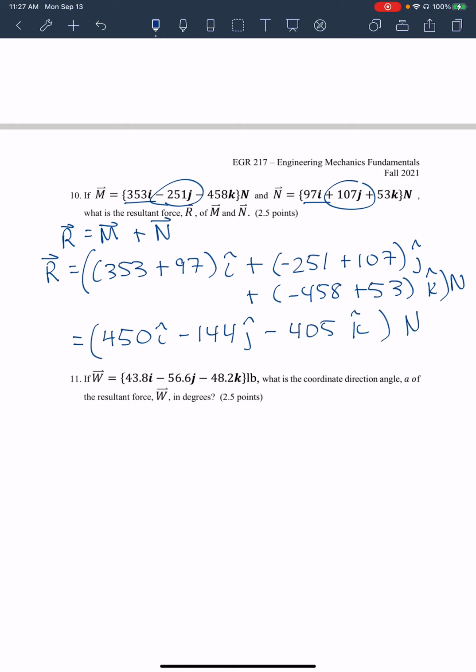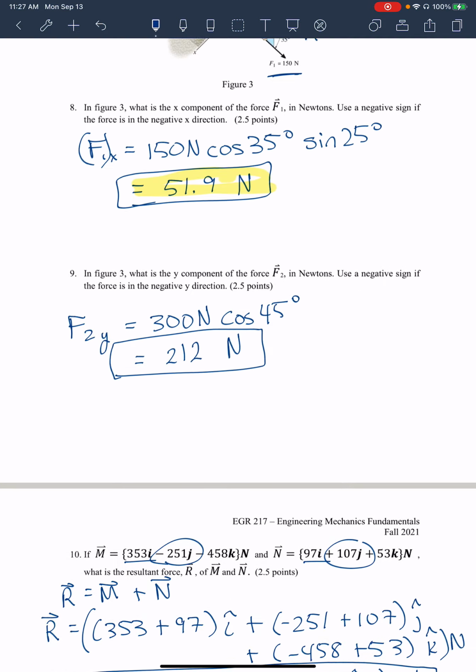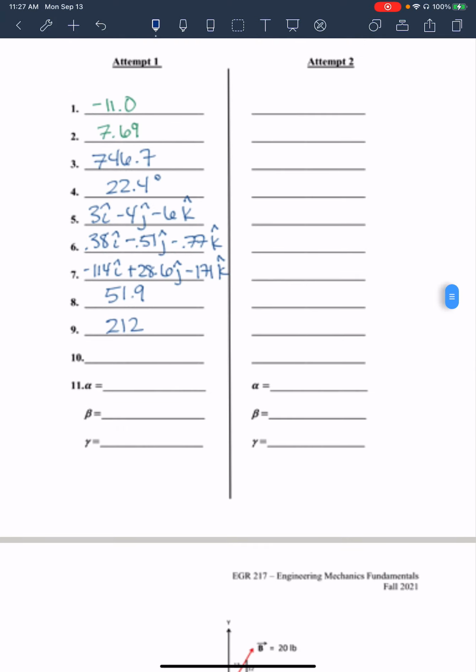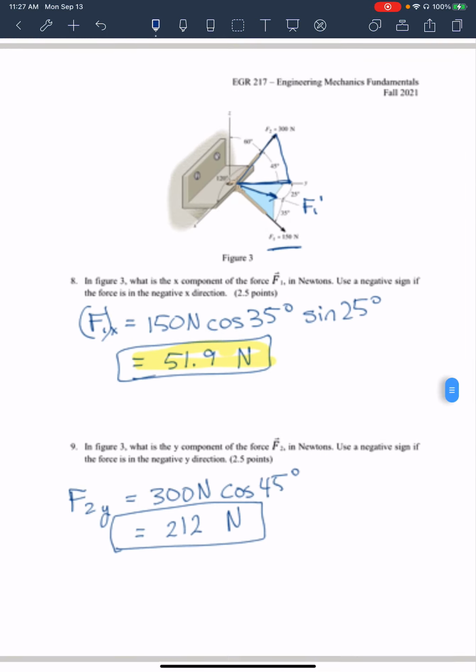That's all in newtons. So that was pretty simple. Go ahead and write that up at the top. So it's 450I minus 144J minus 405K. We don't have to write newtons because it asks for it in newtons.